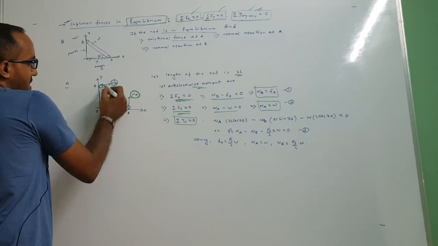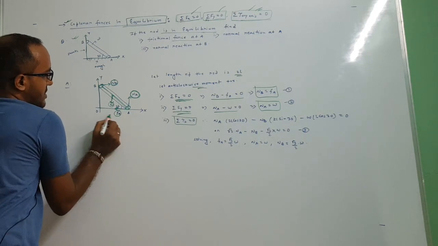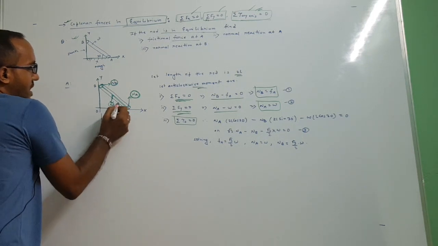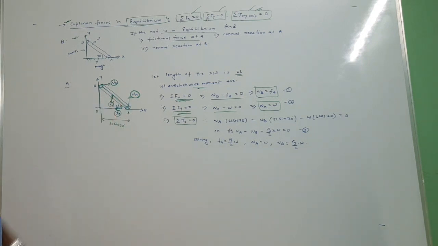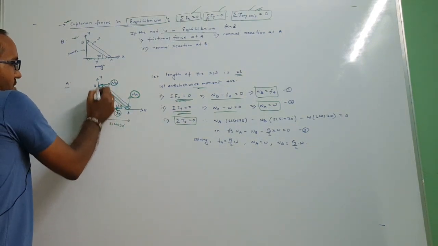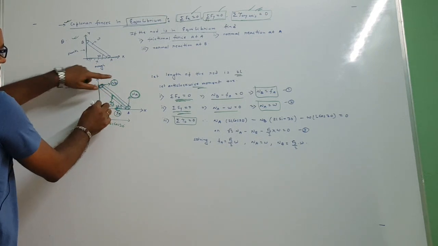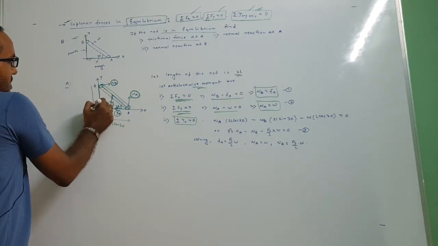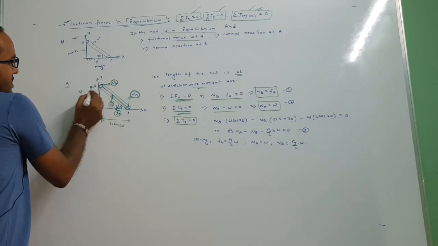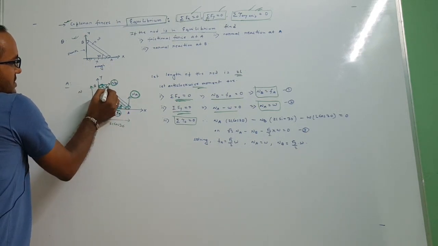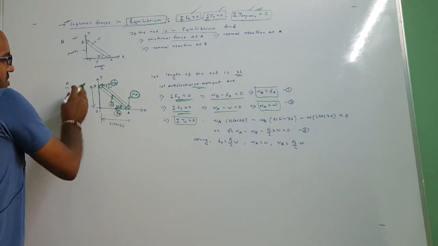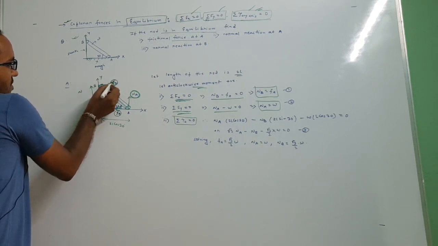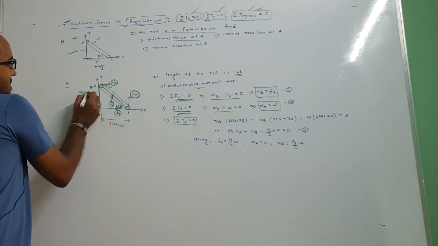See, the total length is 12, that means this length would be 12 cos 30 degree, as it is attached to the angle 30 degree. Now what is the perpendicular component? You need this distance for NB. If this is 30 degree, then this angle should also be 30 degree, so the perpendicular component would be NB sin 30 degree.